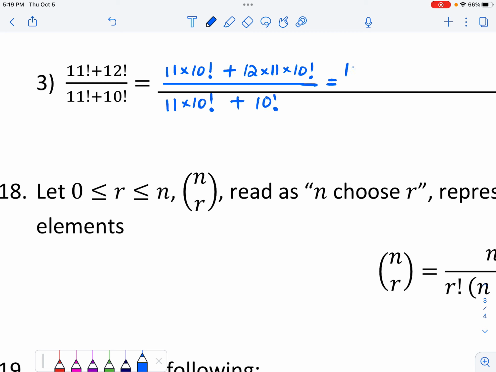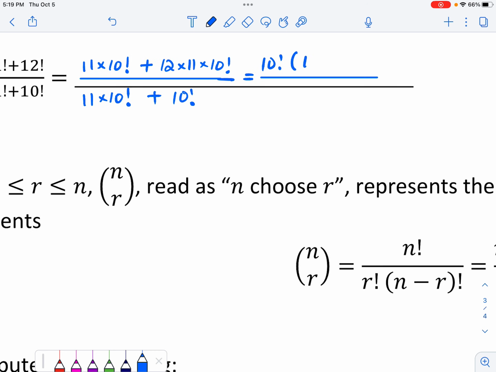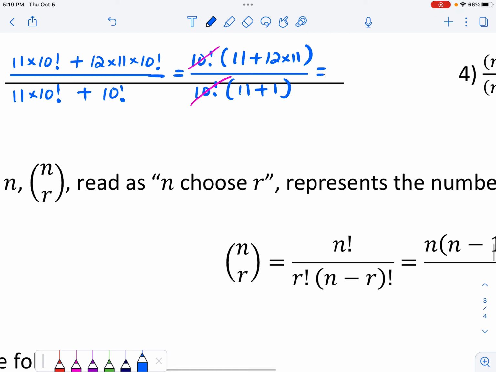Let's factor out the 10 factorial, or you can think of dividing both top and bottom by 10 factorial. So we are left with 11 plus 12 times 11, divided by 11 plus 1. And now this 10 factorial can cancel. Therefore we have 11 plus 132 divided by 12, which is 143 divided by 12.